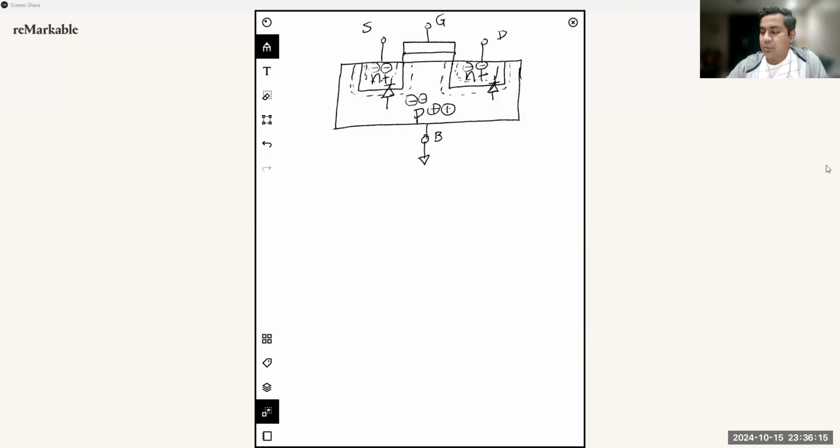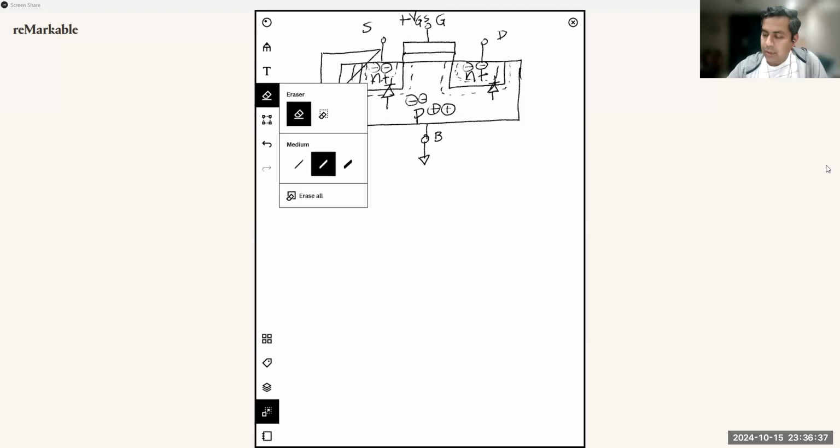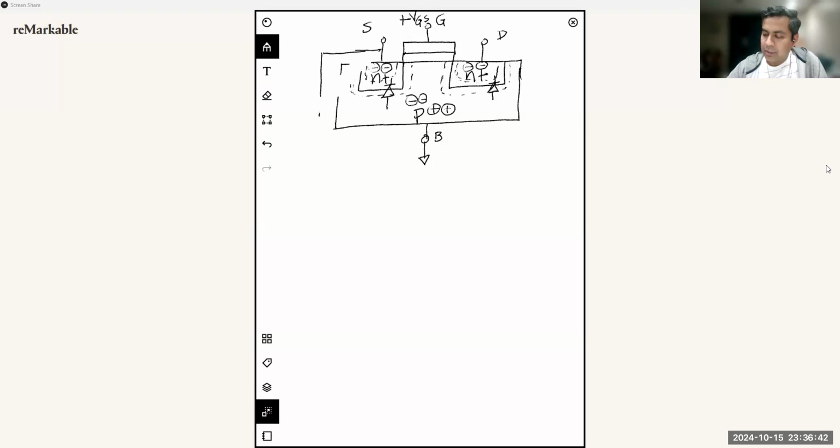And the way to do it is we are going to apply a positive voltage at the gate terminal. Let's call it VGS, because that voltage is with respect to the source. For our discussion for now, we are going to connect the source terminal down to the body terminal, which is already connected to ground, so the source connection is at ground.